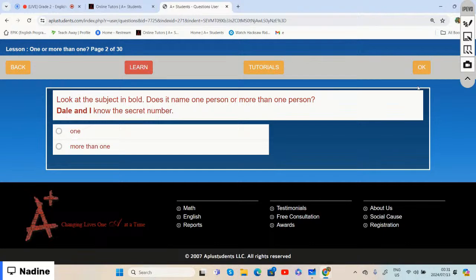And if we were to look at "dad and I," is that referring to one person, which is option one, or is it referring to more than one person?